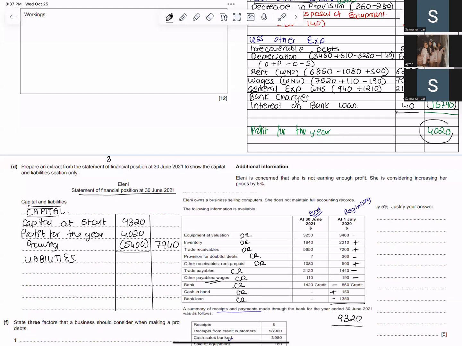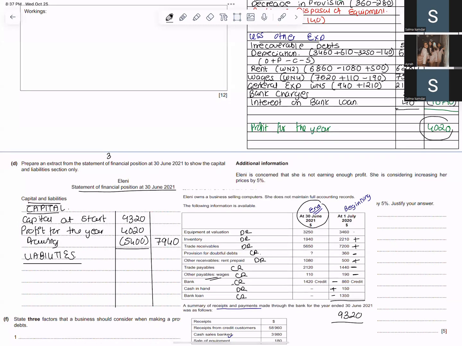You'll add and subtract all of the stuff from the last date, no? No, no. Capital at start plus profit minus drawings will give you capital at end. Now you want the liabilities on the closing date.